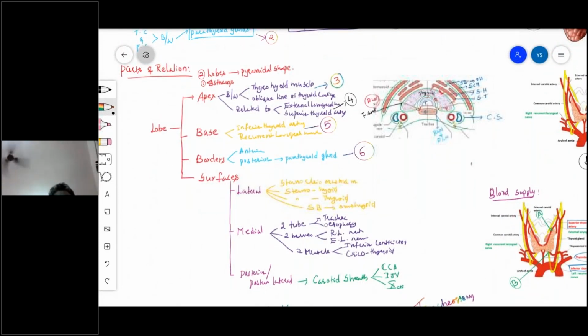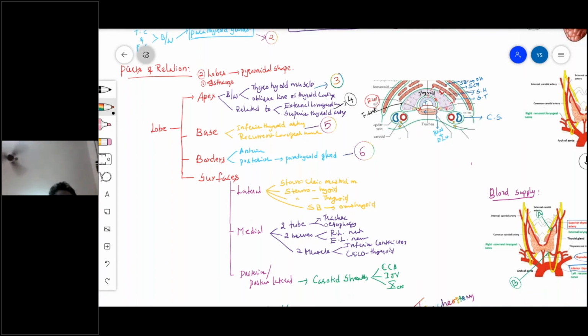And number 3, apex is present in between the thyroid muscle and oblique line of thyroid cartilage. Because of this only, we cannot see the upward enlargement of thyroid gland. In goiter condition, the lower part and posterior part enlarge, but it does not enlarge superiorly because of this only. And number 4, we can ligate the superior thyroid artery close to the apex because the external laryngeal nerve is away from the apex.